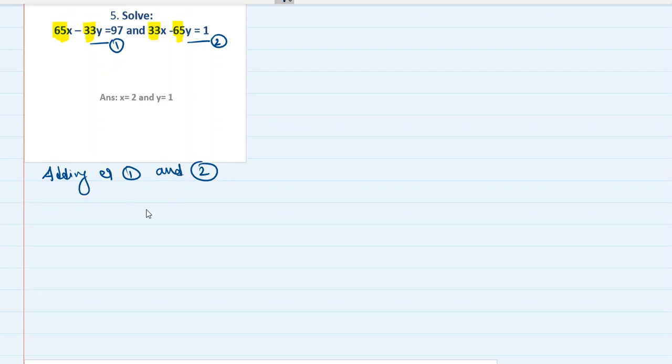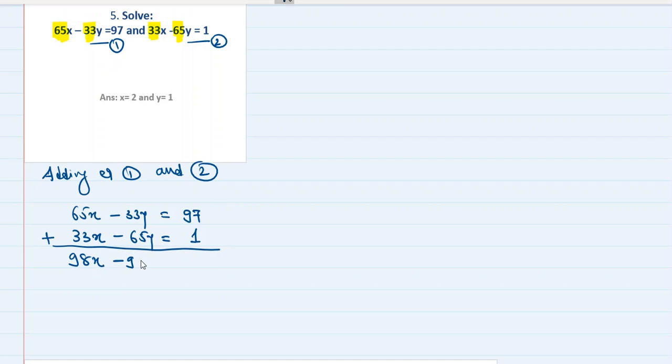Let's see what we get. 65x minus 33y is equal to 97 plus 33x minus 65y is equal to 1. When you add them, you get 98x minus 98y is equal to 98. Take 98 common.